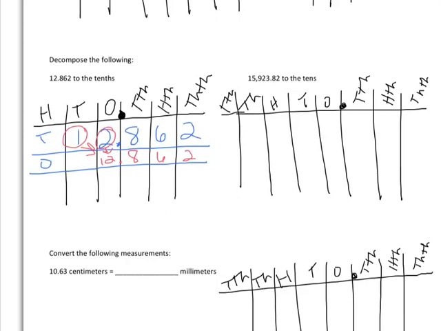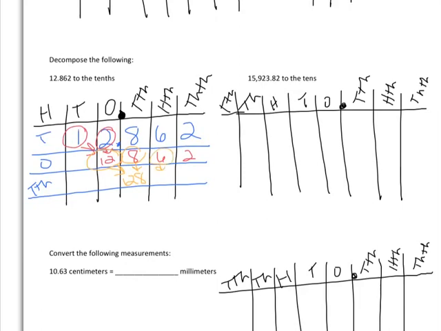Now we're decomposed to the tenths place. As we move it over, we're going to take our 12, slide it over, and drop our 8 down, giving us 128 tenths.